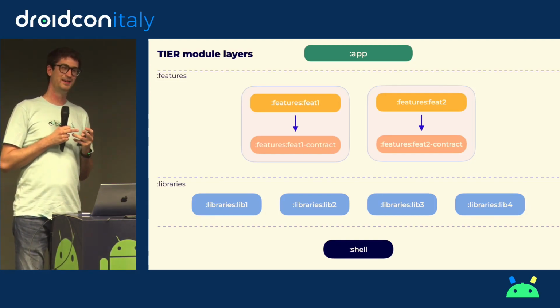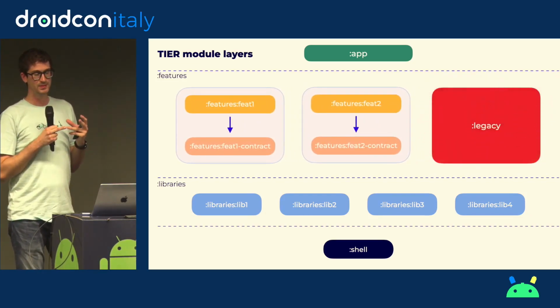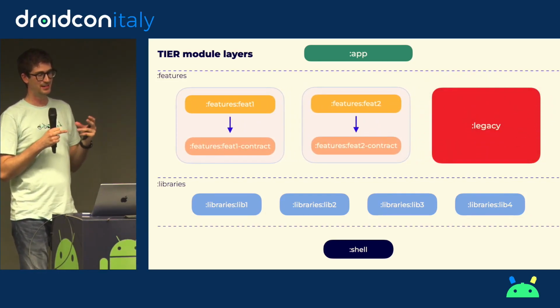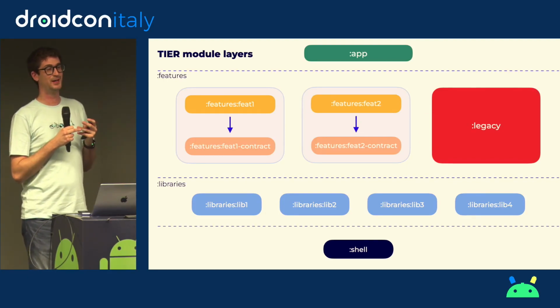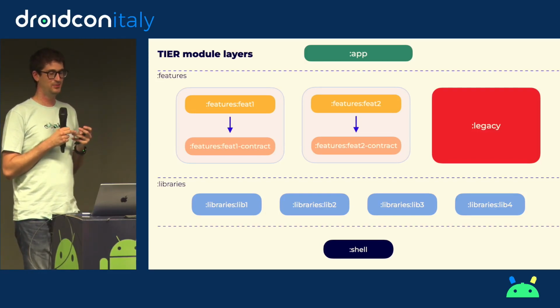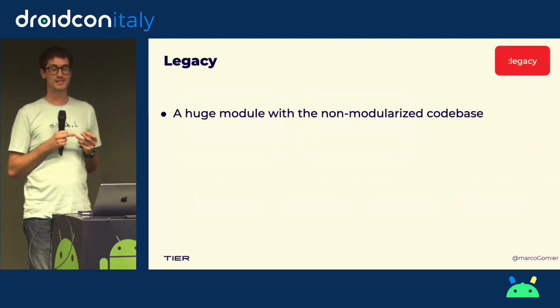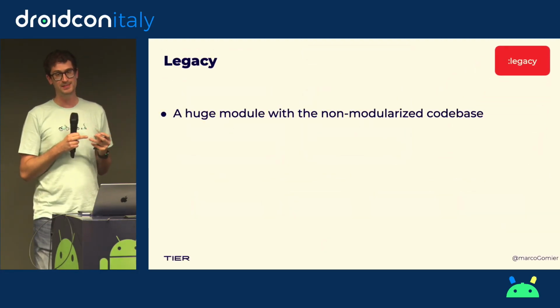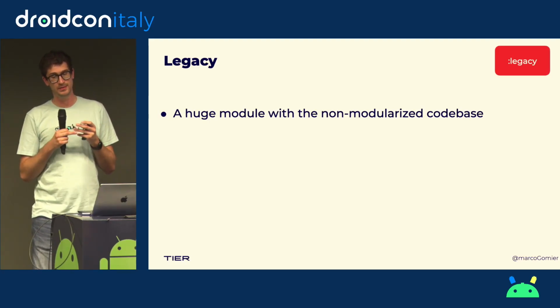The real graph is this one, with a big legacy red-on-fire module that contains all the non-modularized code. So we basically decided to move all the non-modularized code of the code base inside a specific module and not leave it inside the application.